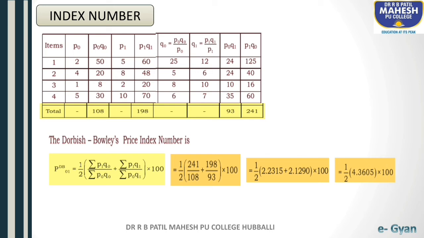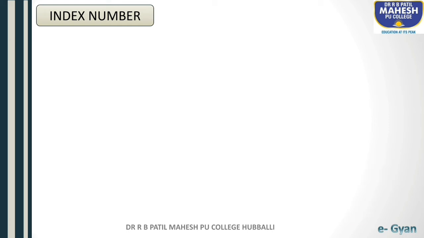After adding these two values, the answer is 4.3605. So 4.3605 divided by 2, into 100, so the final answer of Drobish-Bowley's is 218.03. So same as it is.